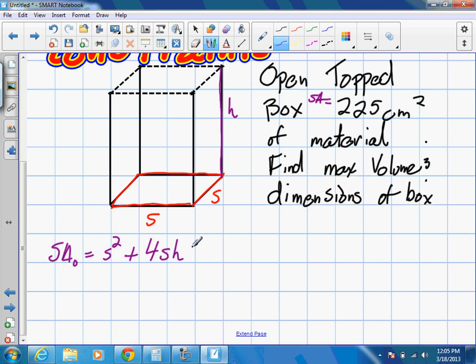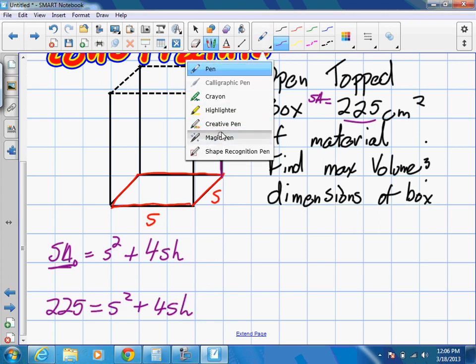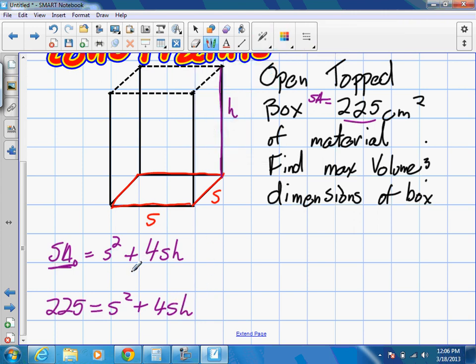Now that I've done that, they've told us the surface area is 225. So I can replace this, which stands for the surface area, with the number: 225 is equal to S squared plus 4SH. Now, how many different variables do we have in this question? 2.